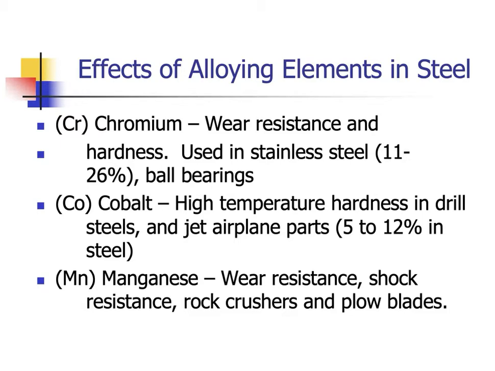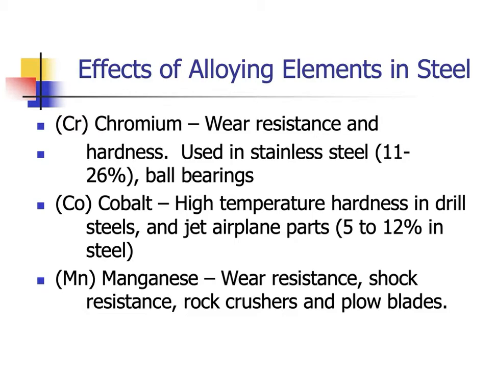If we don't have a minimum of something like 11% chromium, stainless steel is not stainless. So most stainless steels might have 11, 12%, but the really good ones have about 18% chromium, and they can go higher than that.